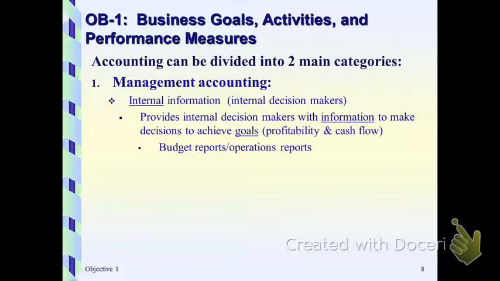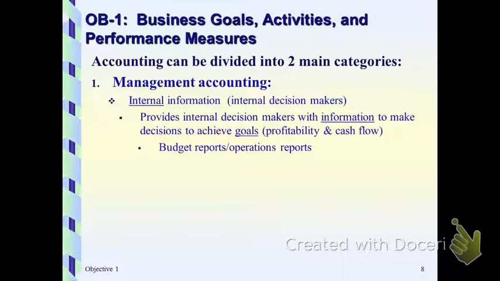So these are the people within the organization that gather and utilize the information that is generated from our accounting systems. It provides managers and employees with information regarding how they have done in the past and what they can expect in the future. It helps them to determine if they have met the goals of profitability and liquidity.